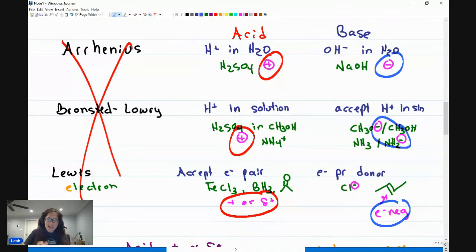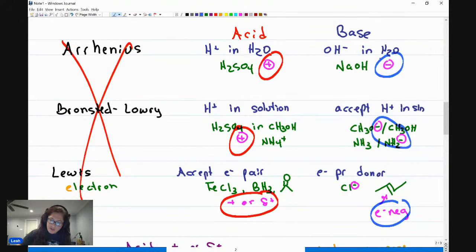The more likely a molecule is to give away a proton, the stronger it is, because that means it wants to do its job. Your job is to give away a proton. You want to do your job? Good job. That's something strong.